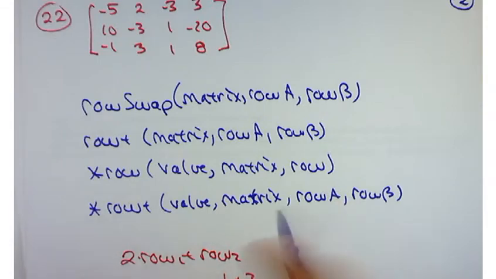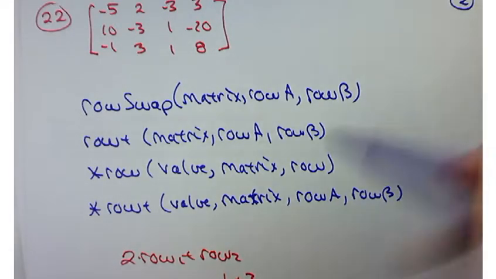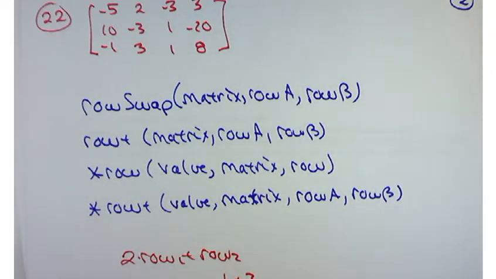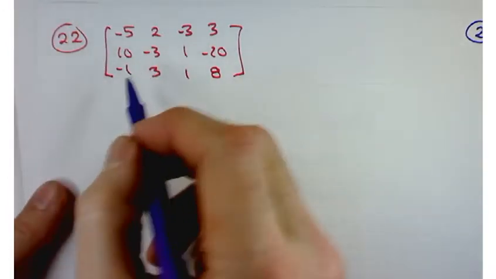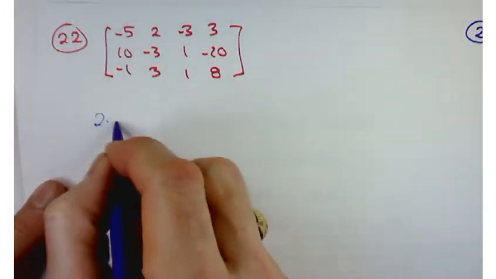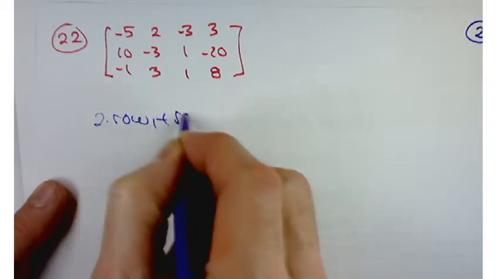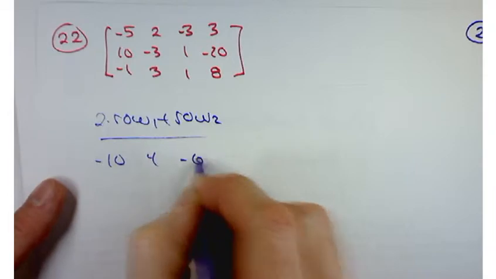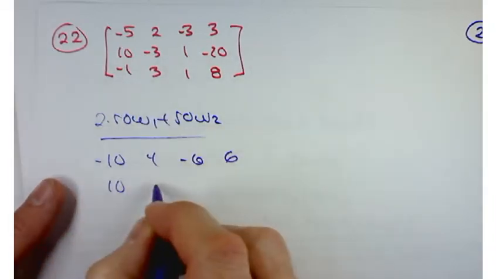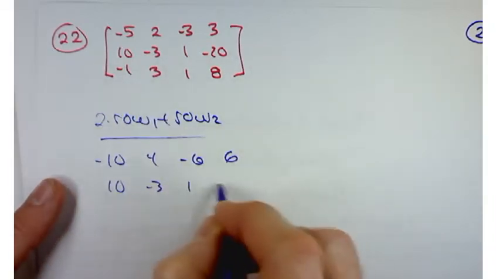Any questions on problem 22, the extended version, Encho? Yeah, you can do it by hand. Well, the reason I gave you this program is because to do it by hand, you got to sit there and go, okay, 2 times row 1 plus row 2. So it'd be negative 10, 4, negative 6, 6, added to 10, negative 3, 1, and negative 20.